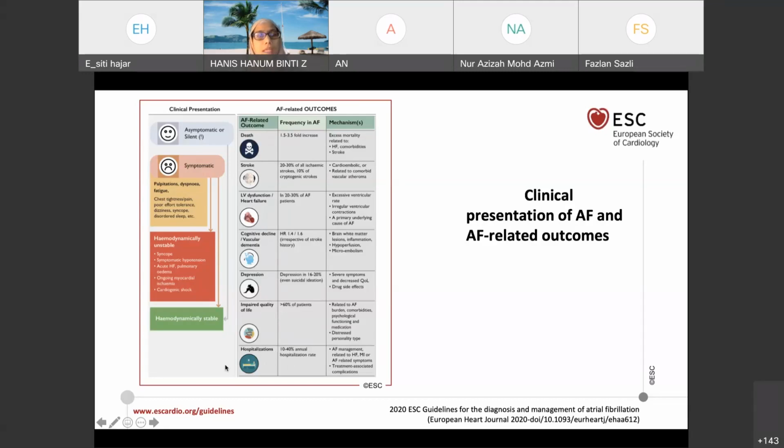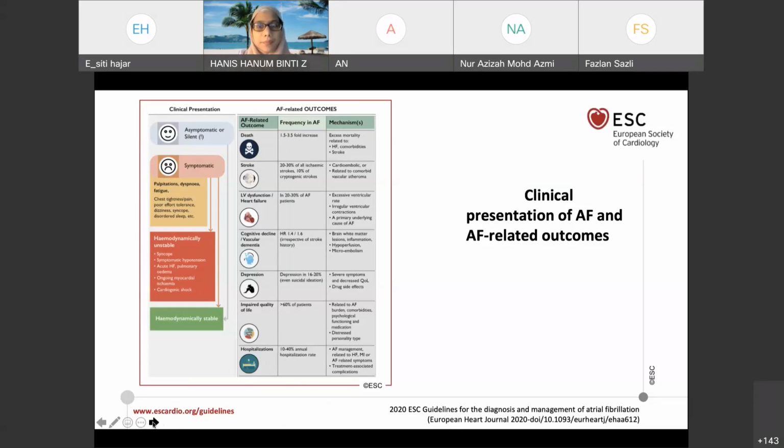So that's why we need to detect patients with AF because we don't want them to get all these outcomes, especially stroke. Okay, are you guys with me?